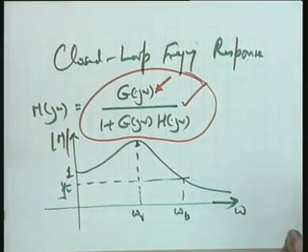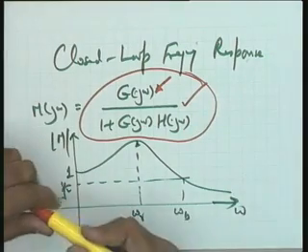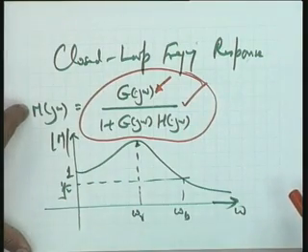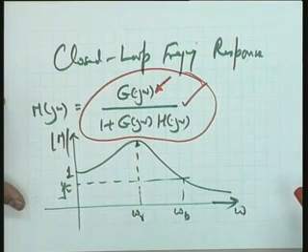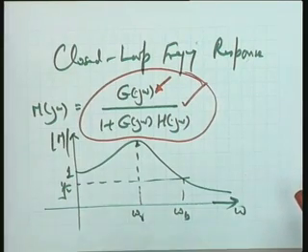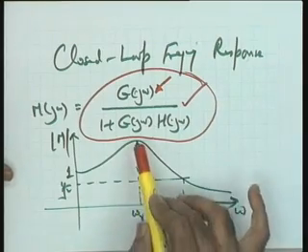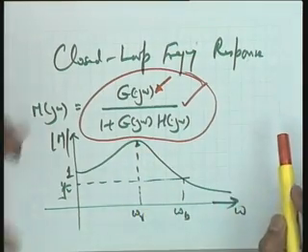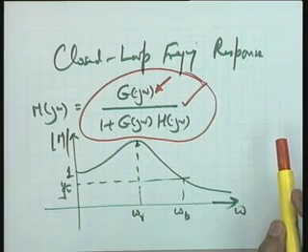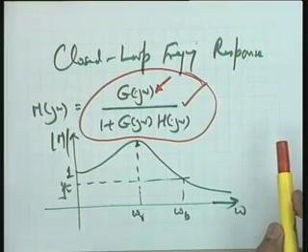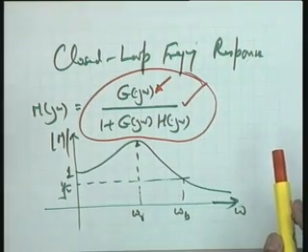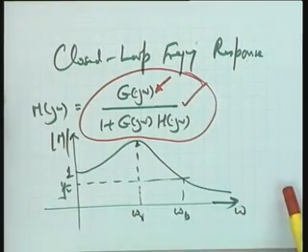One more comment I would like to make: the phase angle plot of M(j omega) I am not making. It does not mean that the phase angle plot of the closed loop system is not important. It simply means that in design algorithms, normally the characterization of the system is done in terms of these indices: Mr, omega r, omega b, phase margin and gain margin. The phase margin gives you the characteristics of the closed loop phase response. Every time I am making only the magnitude response and not the phase response.